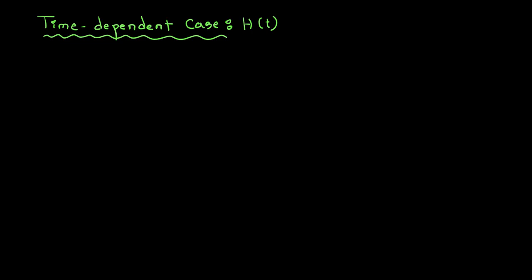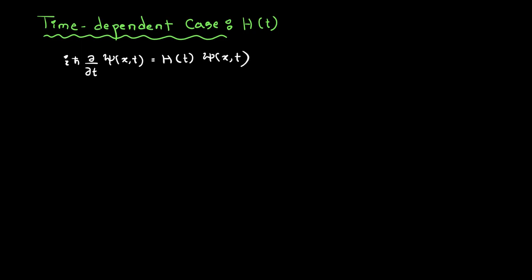So first, one thing that needs to be understood here is that when you have a Schrodinger equation like this, iħ ∂/∂t ψ(x,t), and now you have a Hamiltonian which changes with time, H(t) ψ(x,t).